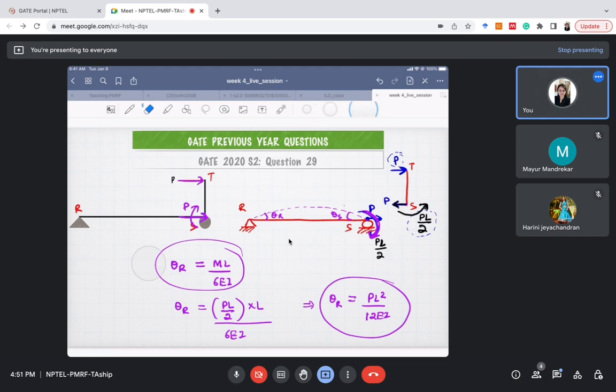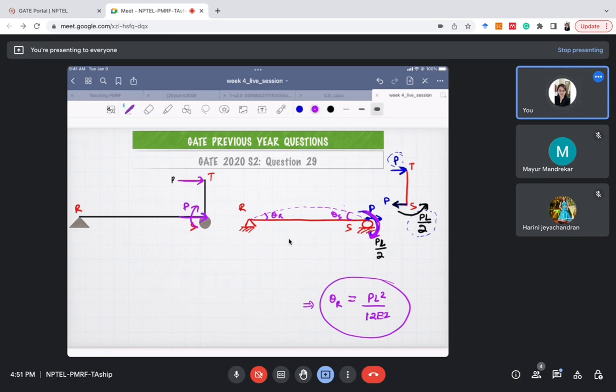Suppose I'll just explain it again. Suppose there is a load W which is given to you. If you want to shift this load W, you can simply remove it from here, just for calculation purposes, and apply a moment now.